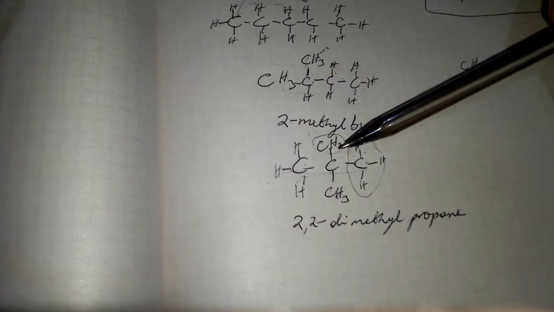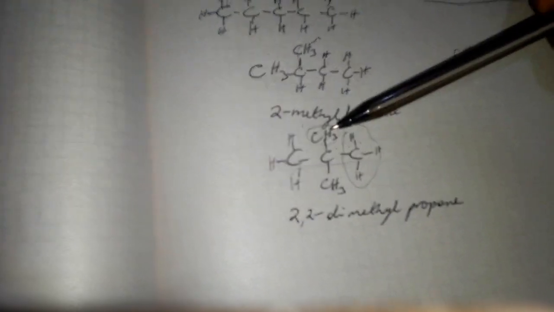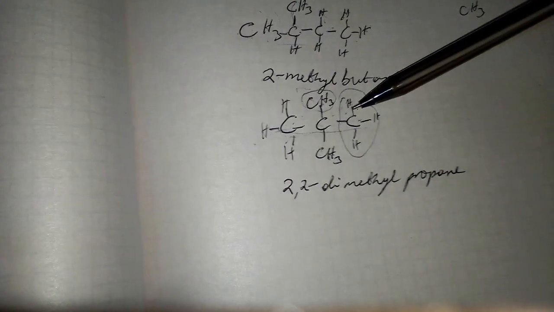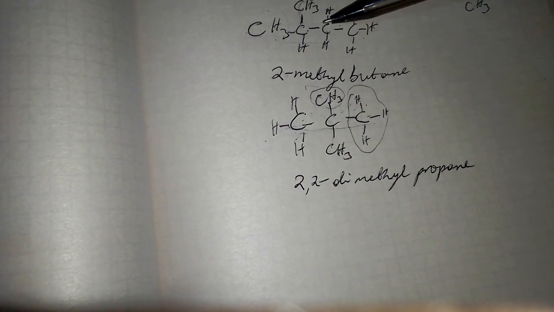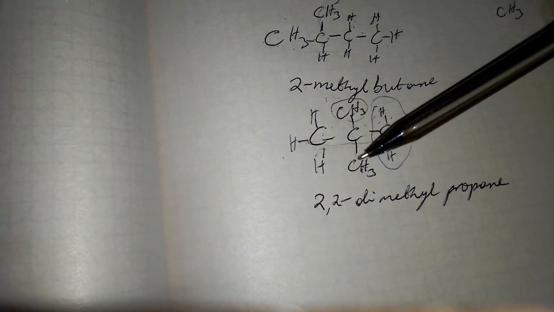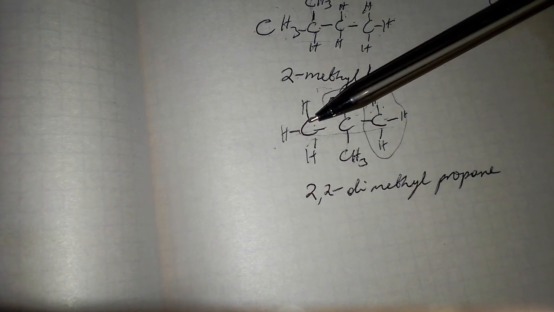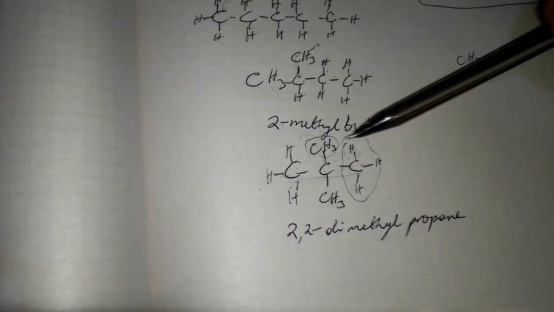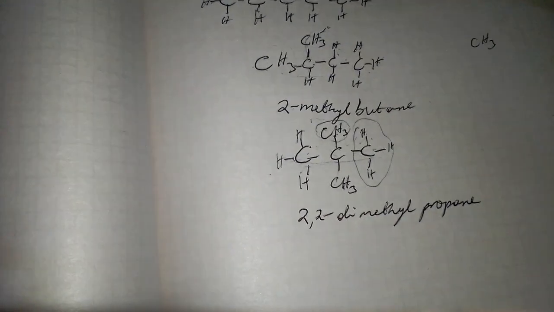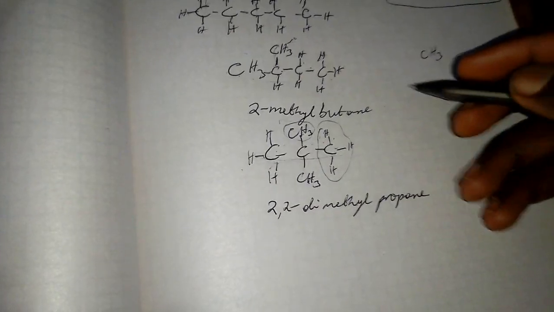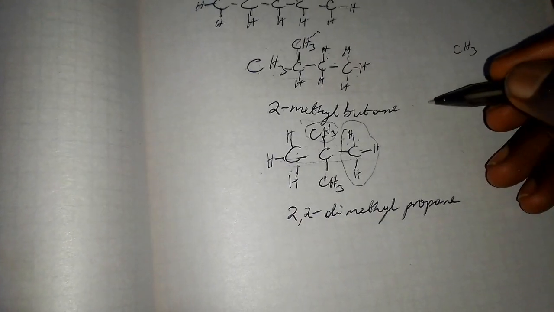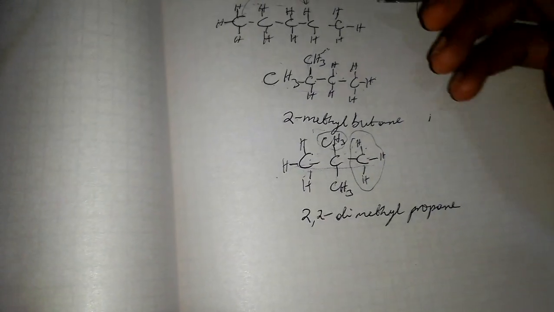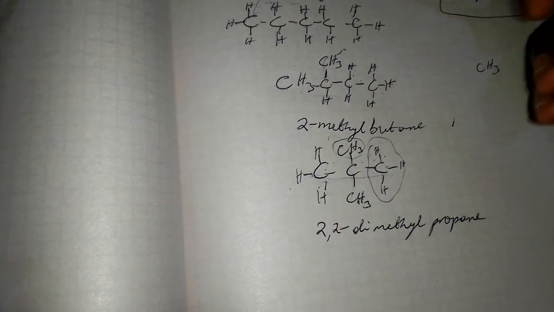Now notice that if you shift this methyl group to the other carbon atom, you will gain back a butane. If you shift the other methyl group to the terminal carbon atom we have here, we'll still go back to the butane we have above. So in either direction we move, we'll have back the same compound. This is telling us that we have looked for all the isomers of pentane.